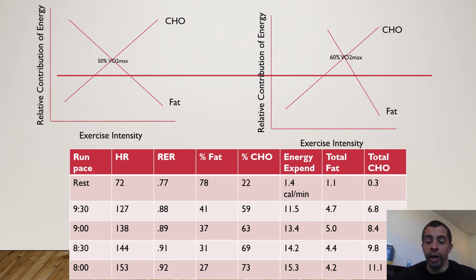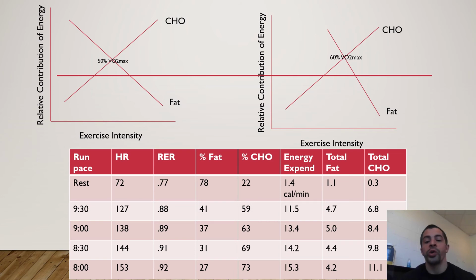So even though the relative contribution, the percentage, is more carbs, the absolute value is still way higher than it was at rest. 1.1 calories per minute versus 4.7 calories per minute.